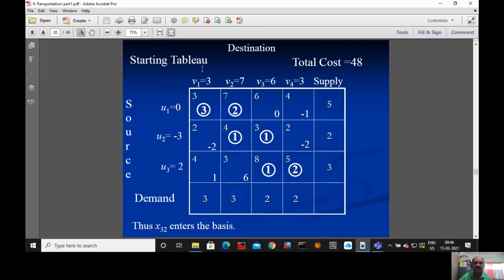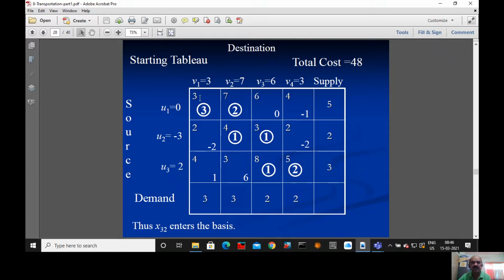And whatever you are seeing in the transportation matrix, something like 3, 7, 6, 4 in the first row, in the second row 2, 4, 3, 2, in the third row 4, 3, 8, 5, these are the cost coefficients, namely Cij.